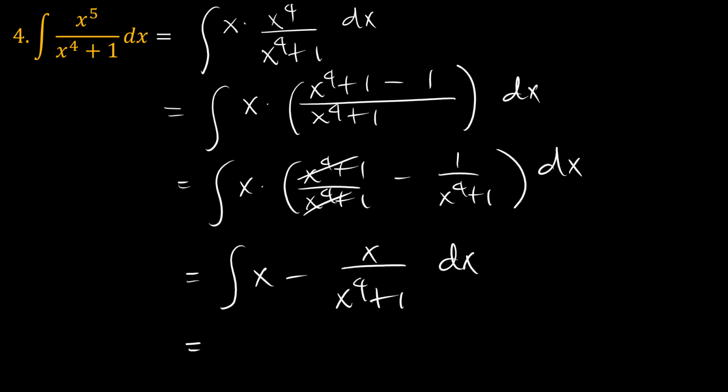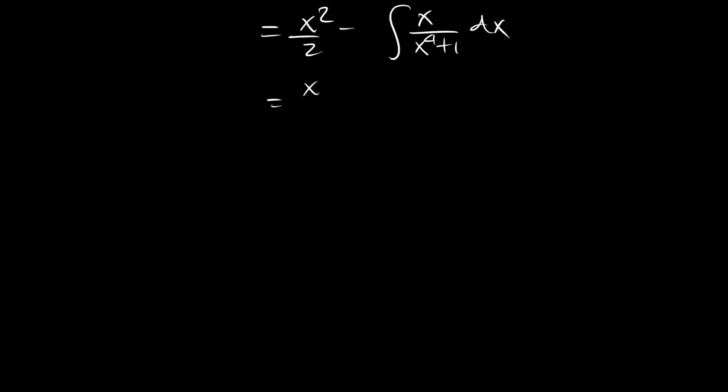Which is the same as x squared over 2 minus the integral of x over x to the 4 plus 1. Right? So we get x squared over 2 minus x over x to the 4 plus 1 integrated.